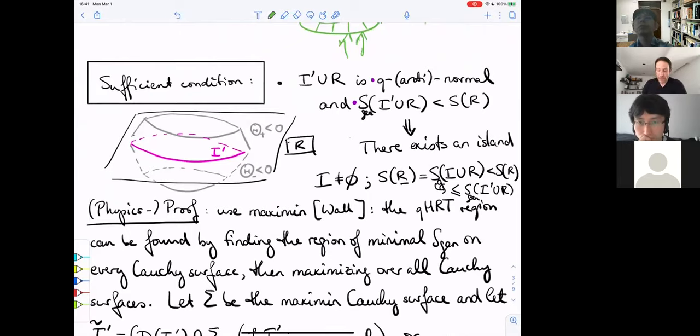In other words, the empty set will not be the correct answer for what is the entanglement wedge. Okay, the island cannot be empty.